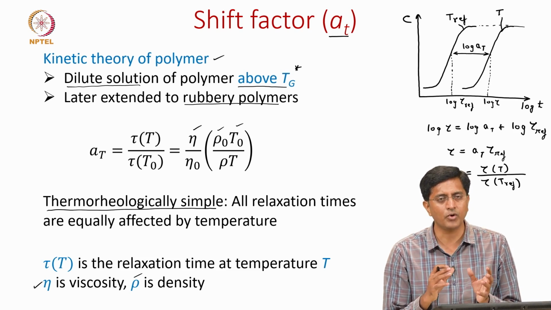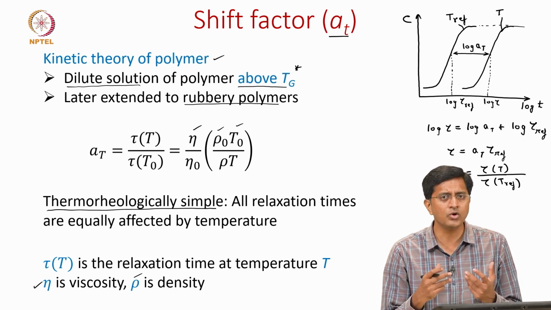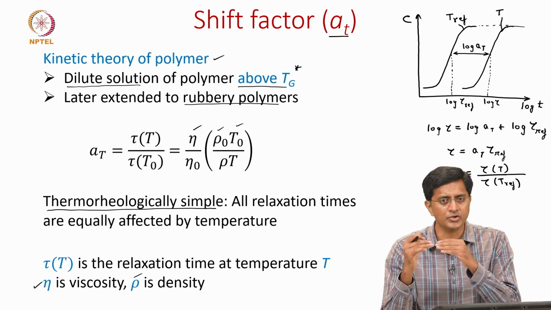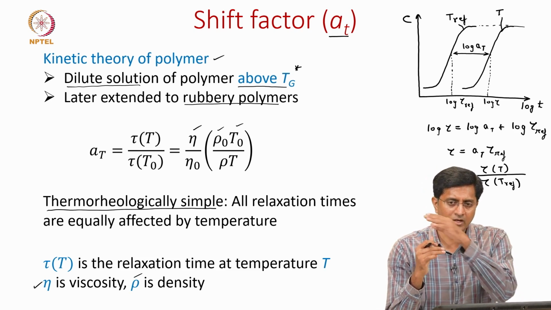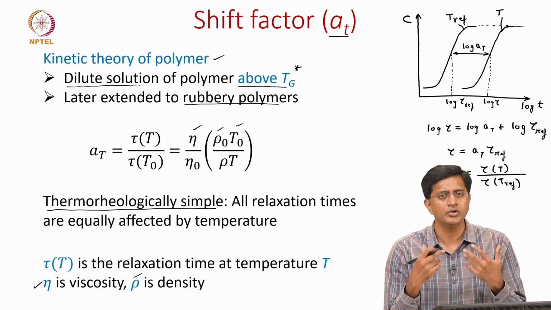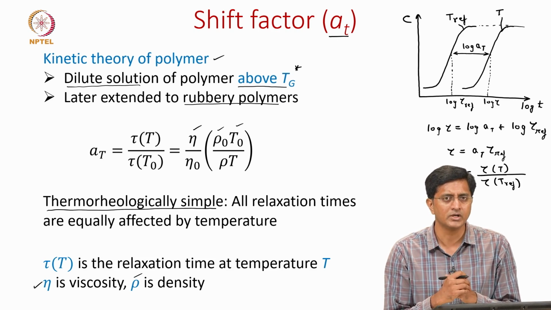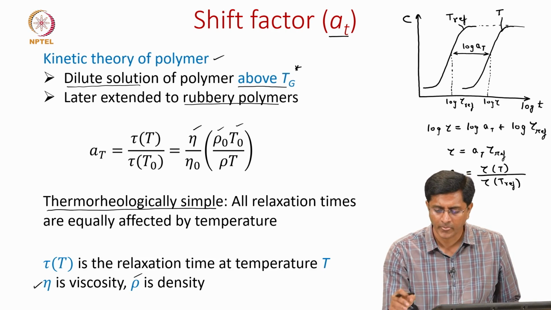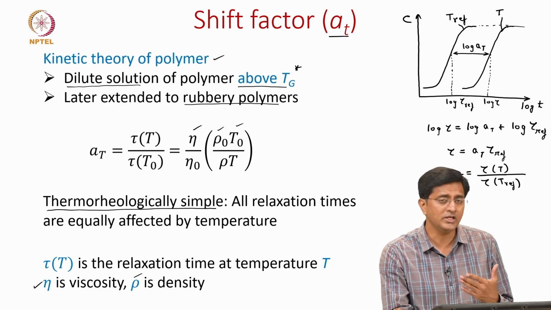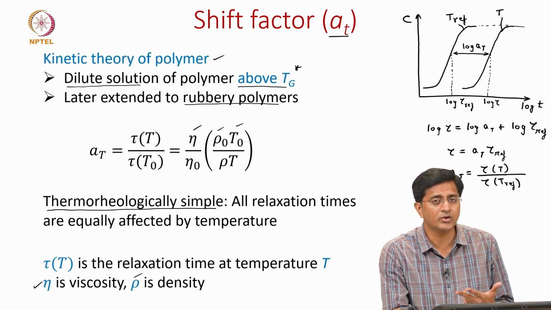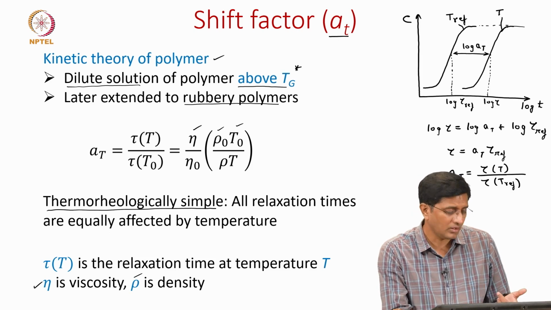It all depends on the polymer you are working on, but the rule of thumb is, if you are able to shift these curves and get a continuous curve, you can still apply the TTSP, or the time temperature superposition principle.